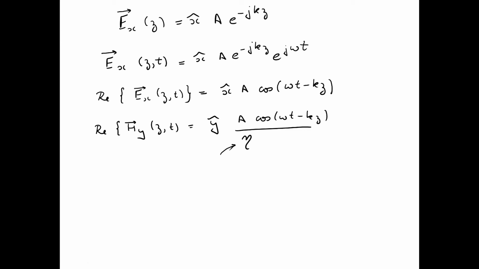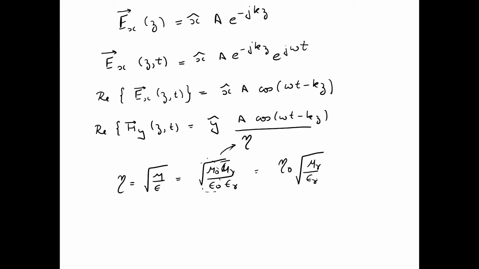What happens to this eta? Eta was square root of mu by epsilon, and it's square root of mu naught mu r over epsilon naught epsilon r. The first term is what we called eta naught yesterday. This becomes eta naught times square root of mu r over epsilon r. For most dielectrics, which are not magnetic mediums, not ferromagnets, mu r is approximately 1.